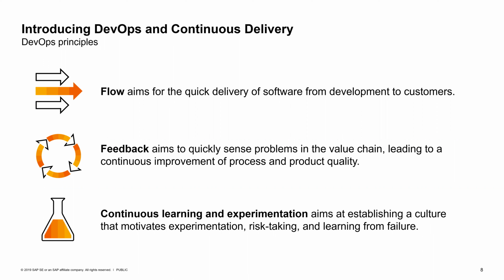For example, by automating things, which removes the opportunity for human error, and by having automated tests and all that. So it's about technical things, but it's also about a culture in a team or in a company that we want to promote.